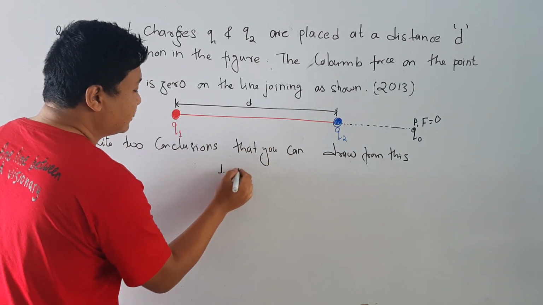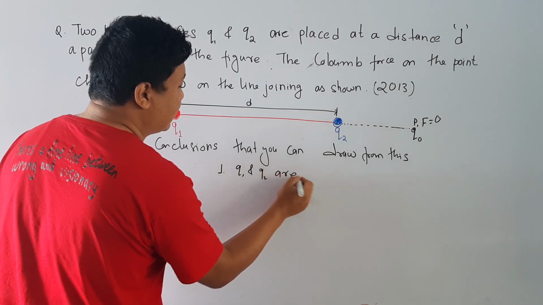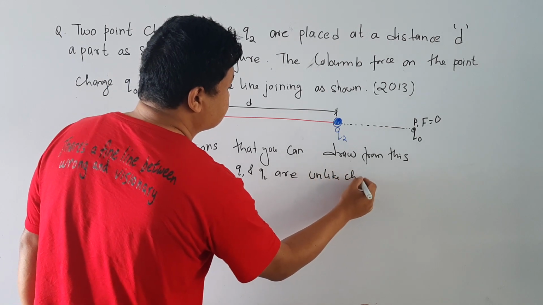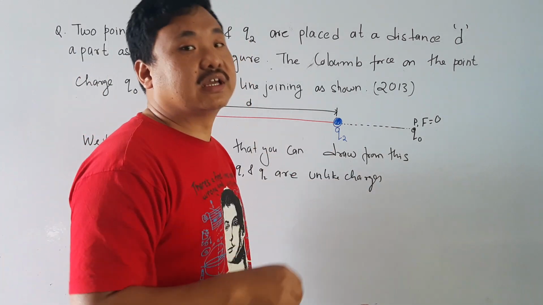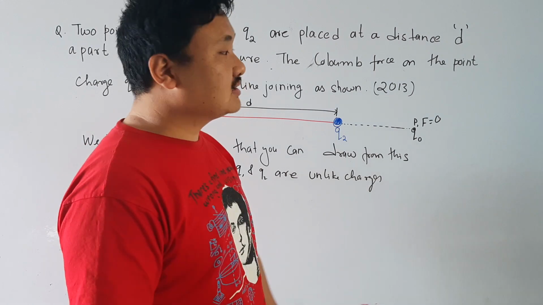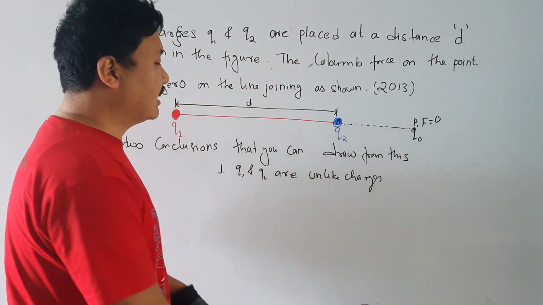One conclusion: Q1 and Q2 are unlike charges, because we have already studied that if Q1 and Q2 are unlike charges, then the point is outside.